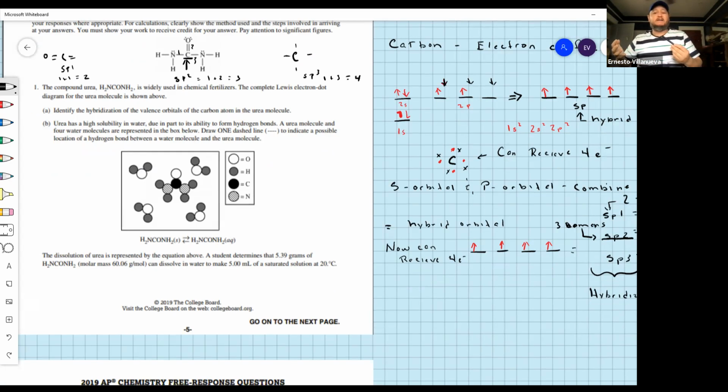A hydrogen bond is an intermolecular force that forms between positively and negatively charged molecules. So if we take a look at H2O, H2O looks like this, right?